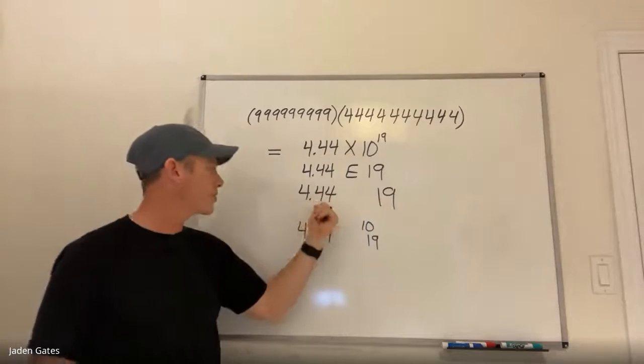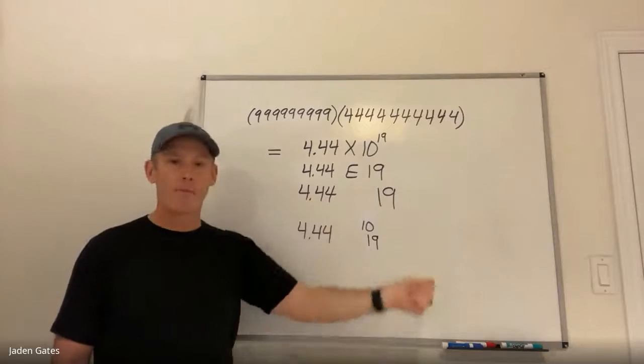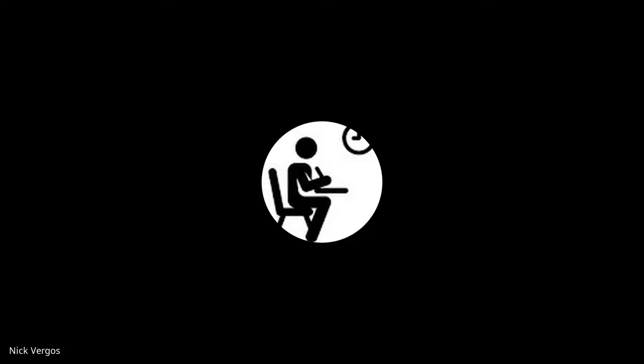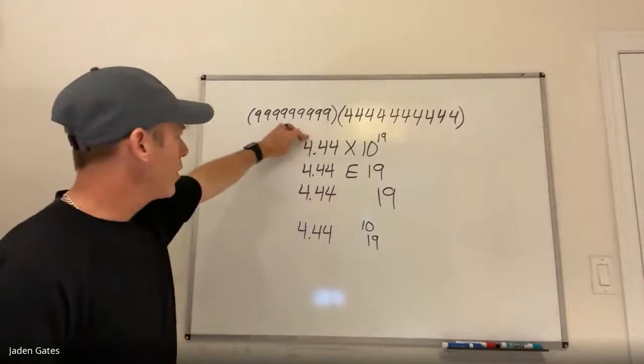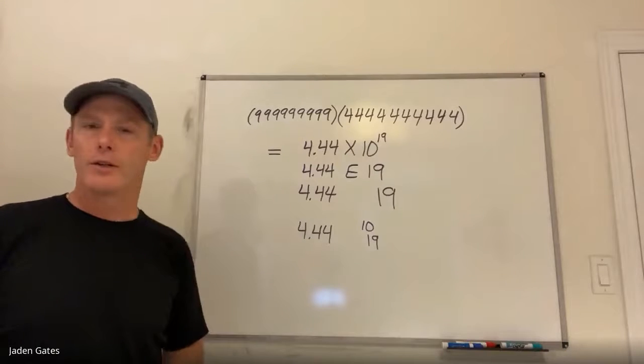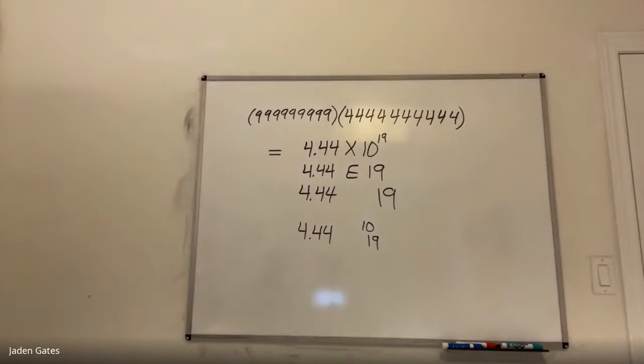I've had students who, if they got this answer, would take 4.44 and not multiply it by 19, and then give me that answer. Stuff like that. So I'm just making sure you know, if you get this answer, what it looks like in your calculator. That's all I'm trying to get through.